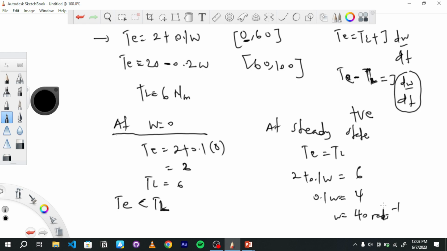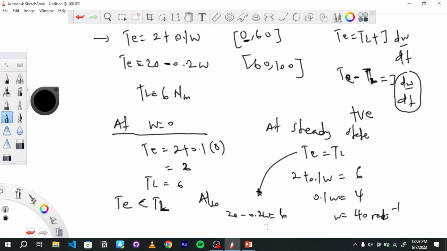Next, for 20 minus 0.2 omega, this should be equal to 6. So you equate TE to TL. Here I get 6 minus 20, that's negative 14.